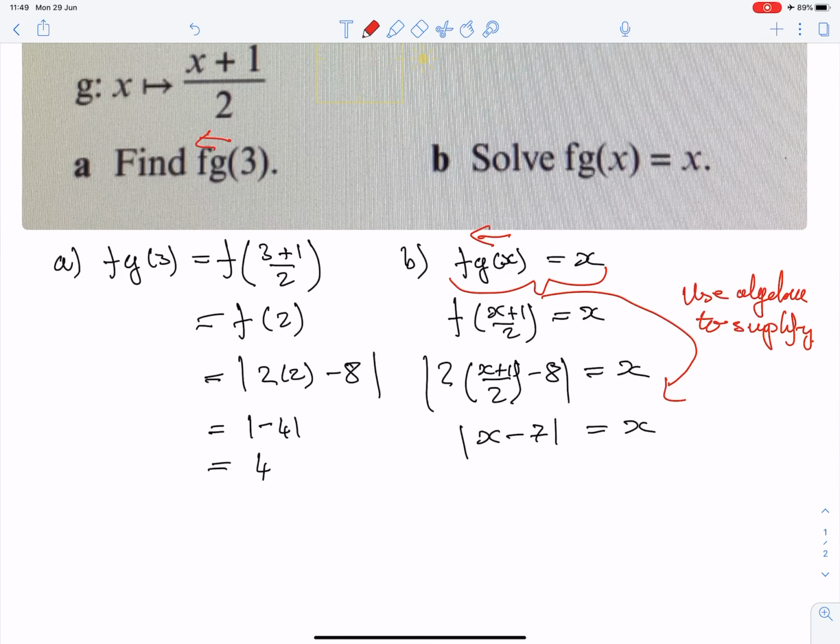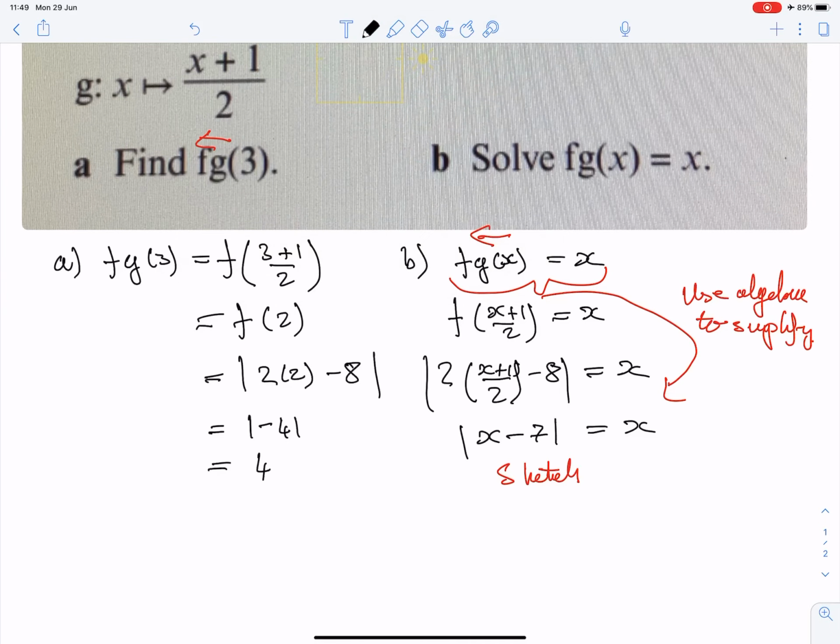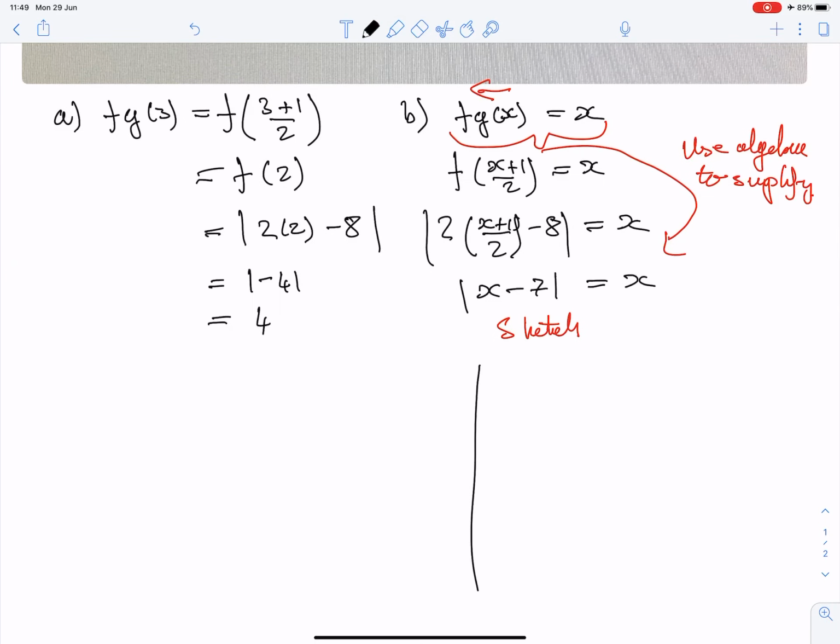Now, this is something that we know what to do. We need to sketch both graphs and then solve. So we're going to sketch. And we get x minus 7. So we're going to be coming down here, and it would dash to negative 7 where it's negative, and the negative bit gets reflected.